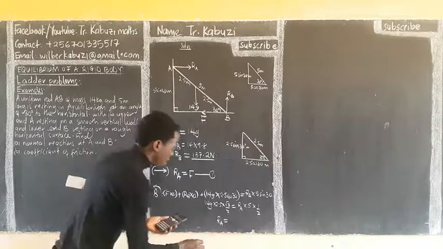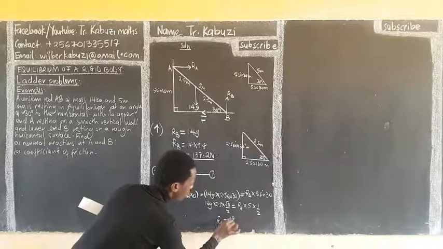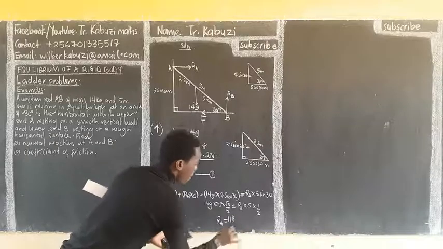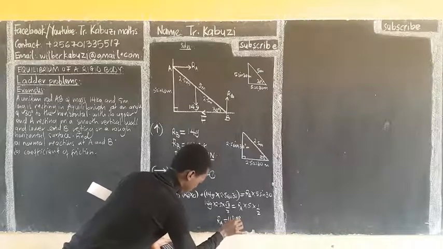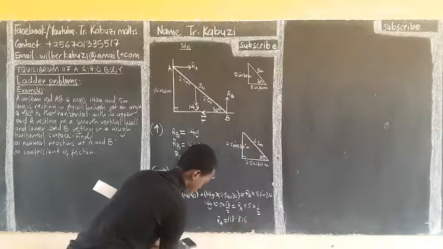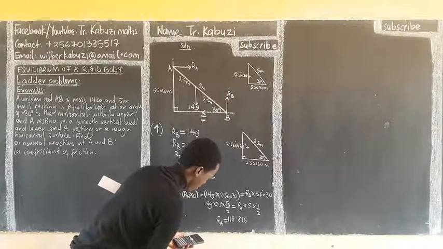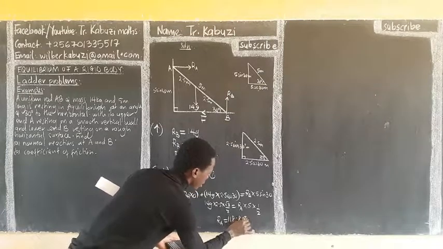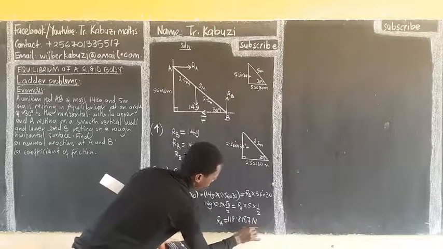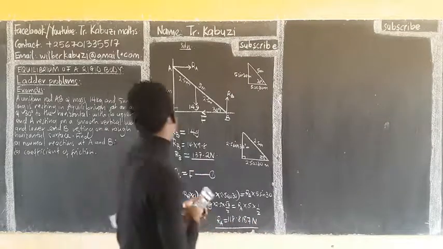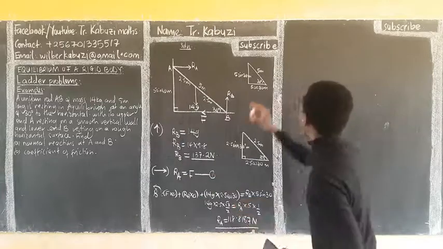So here I'm getting 187 newtons. This is my RA.